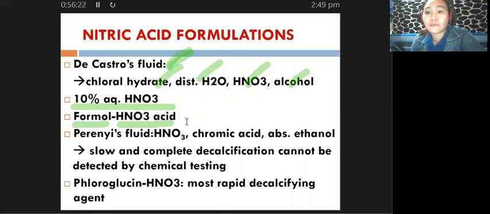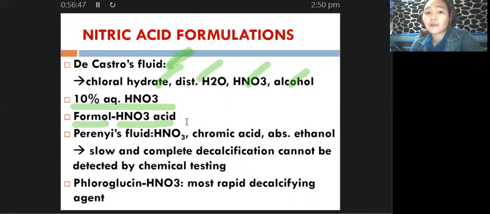Remember, what is the function of your additives? Yes, that's correct, to protect your tissues. However, your additives will tend to slow down the decalcification process. Since your perennious fluid contains two additives, it is considered to be a slow-acting decalcifying agent.